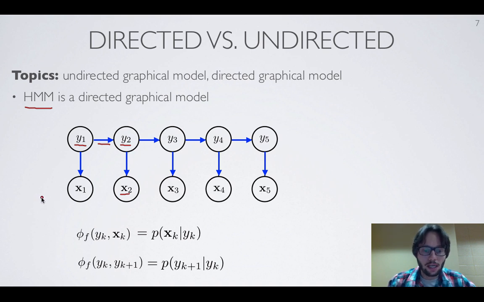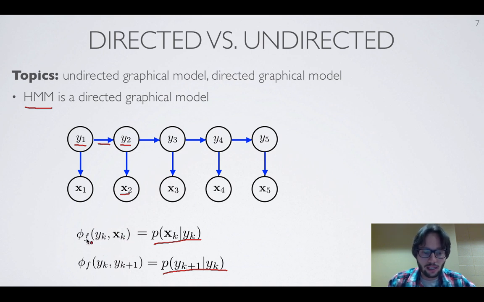Now, if we write it in factor form, then all the factors will correspond to these probability distributions. And it means that we do satisfy the fact that, because they're probability distributions, they're going to be greater or equal to 0. However, in a directed graphical model, the factors also need to sum to 1 with respect to one of the arguments here.